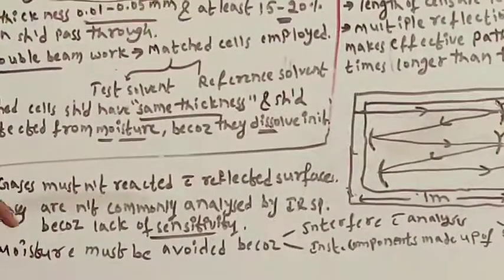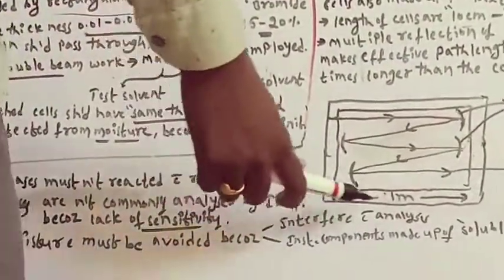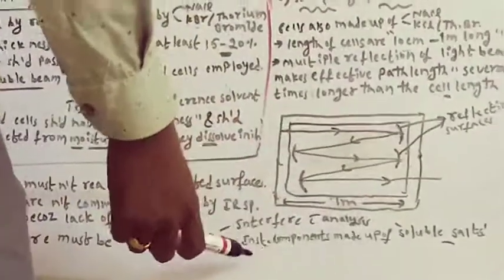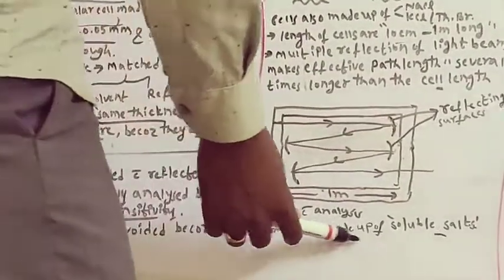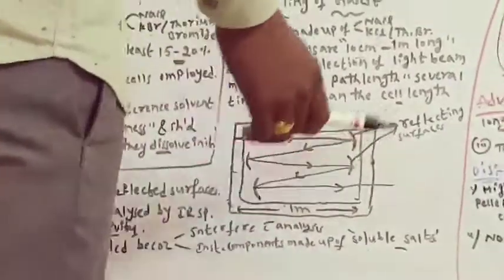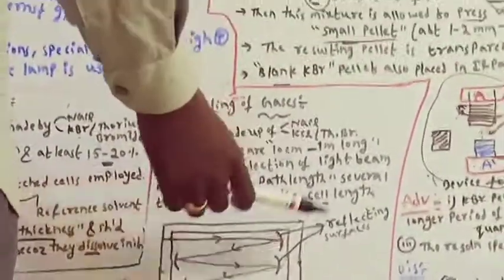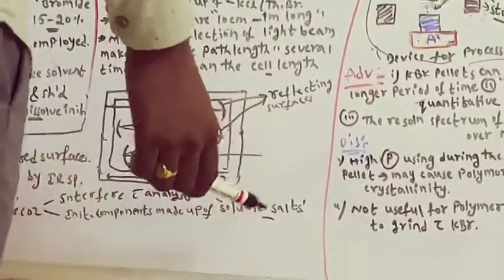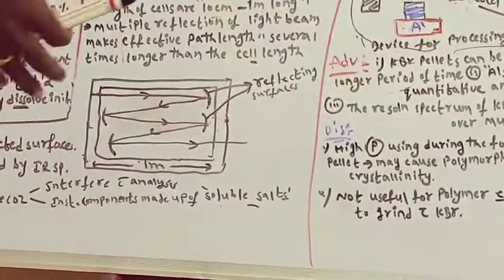And moisture must be avoided because it will interfere with the analysis. Also the instrument components are made of soluble salts, NaCl or KBr, thorium bromide, as I already told you. They may be dissolved, leading to errors in the results.